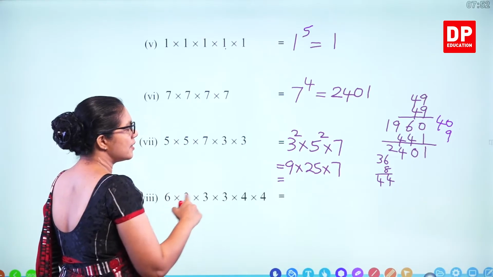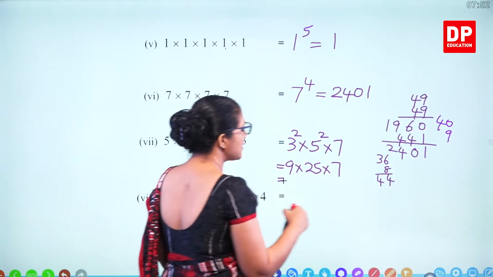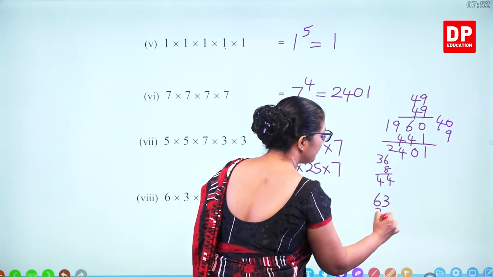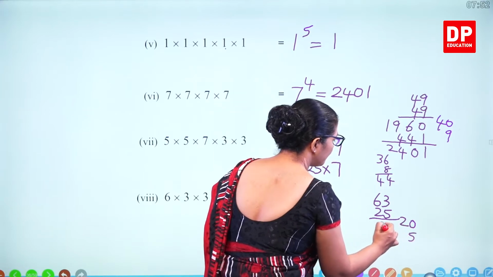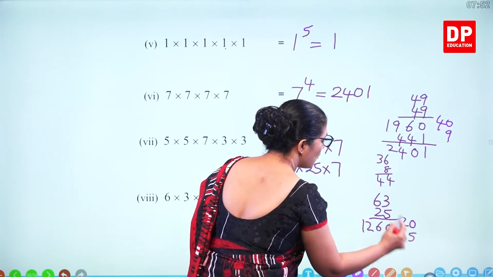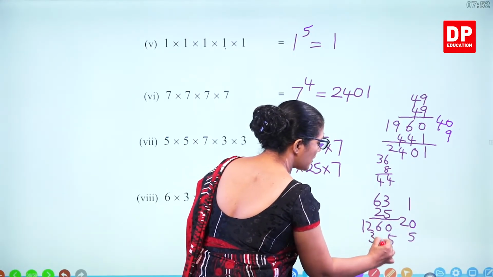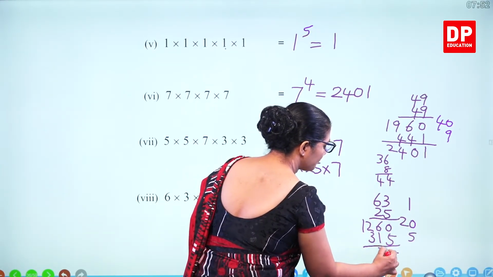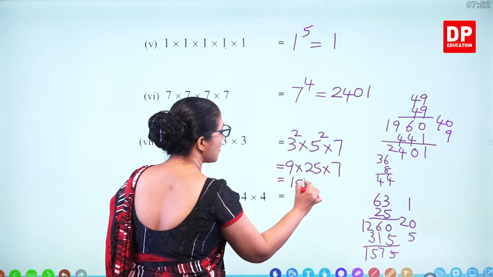What do you get? 9 times 7, 63. 63 times 25. 20 and 5. 5 times 3, 15. 5 times 6, 30 plus 1, 31. 1575.